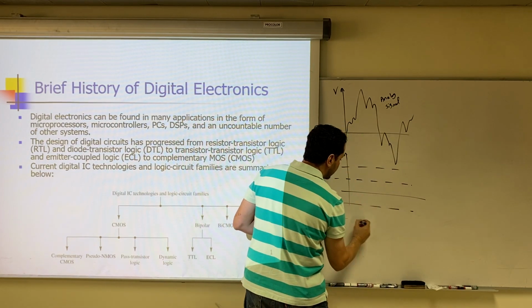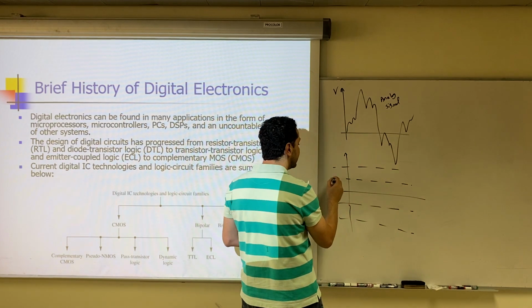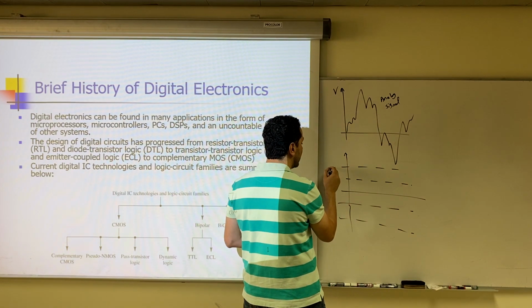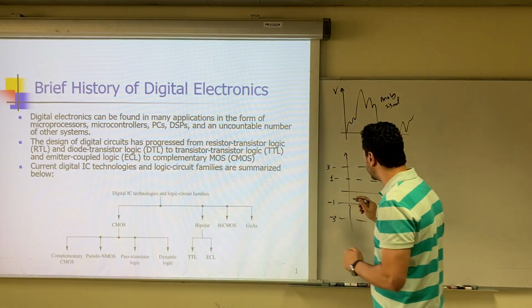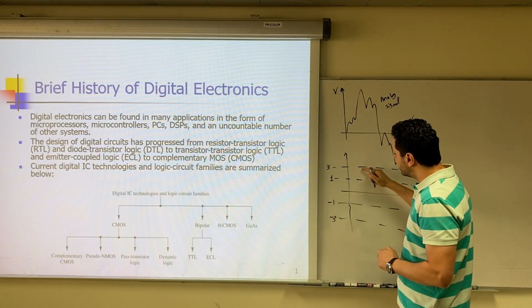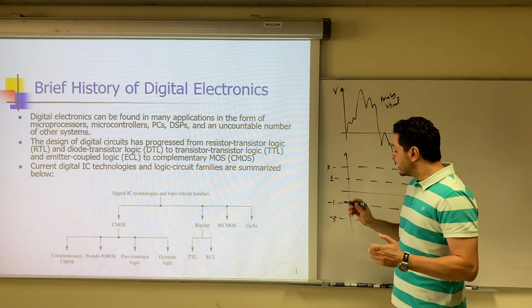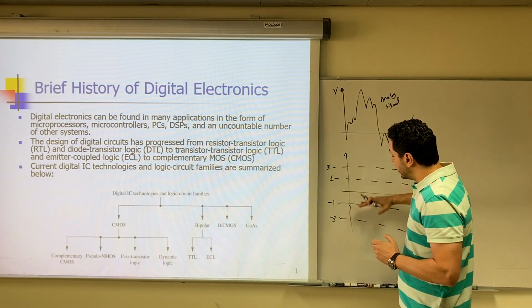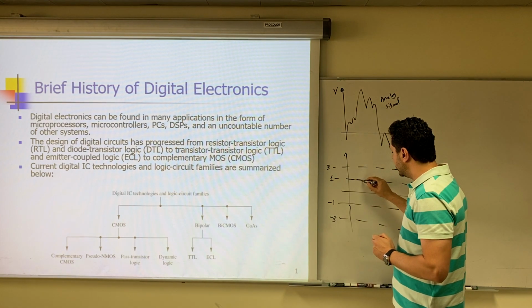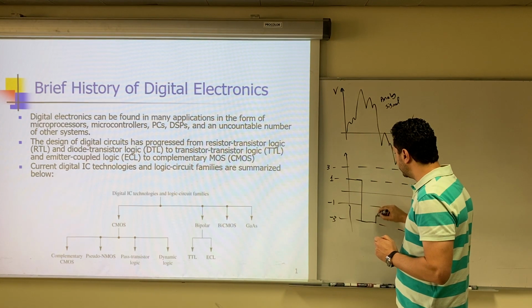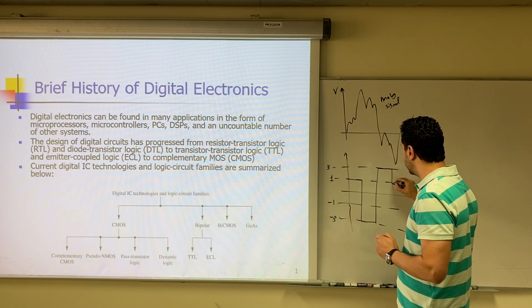For example, I say that this signal's amplitude can take either 1 volt, 3 volts, -1 volt, or -3 volts. At any time, it has to be at one of these 4 levels. So this is a finite number of amplitudes. For example, here it will be 1 volt, then here it will be -3 volts, then 3 volts, then 1 volt.